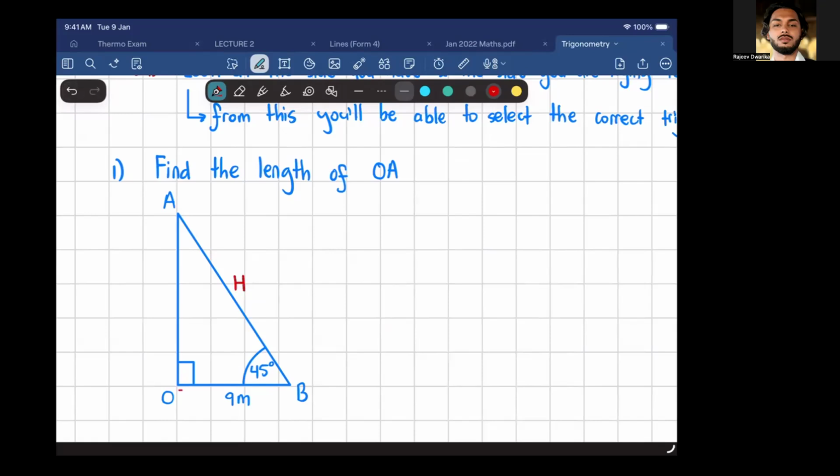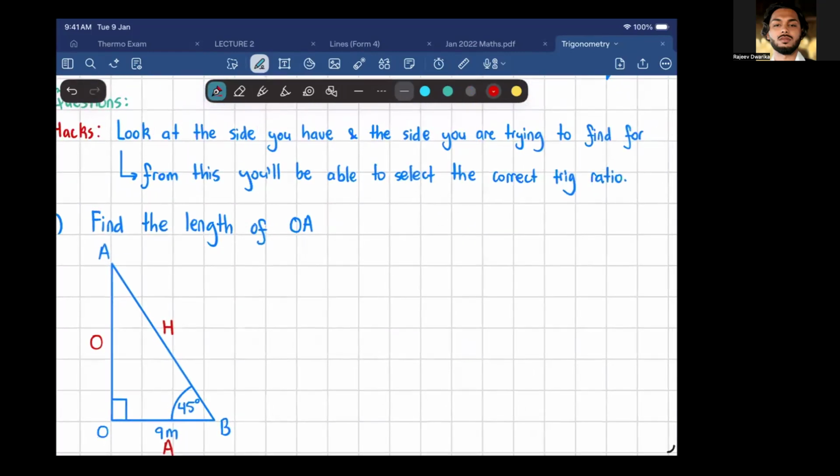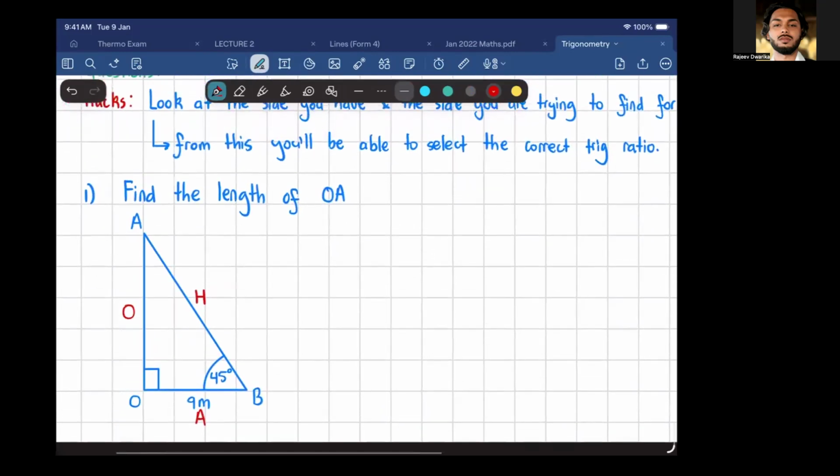What do you think OB would be? Adjacent. Right? Because if this is the angle we're dealing with, this would be the side right next to the angle. And this is the side that's opposite the angle. So I'll call this O. Great. So again, I said, look at the side you have and the side you're trying to find for. So Simran, in this question, they want us to find the length of which side?